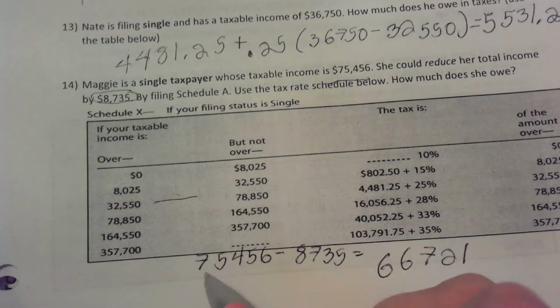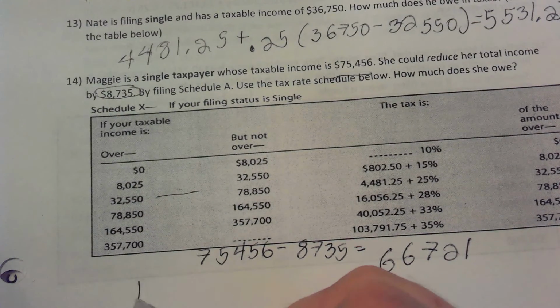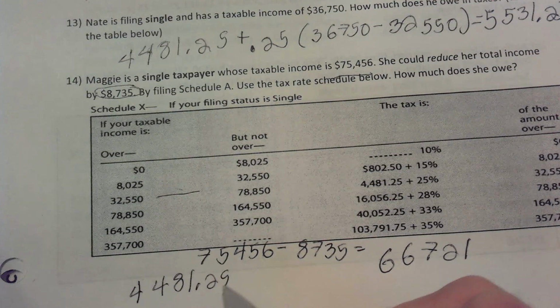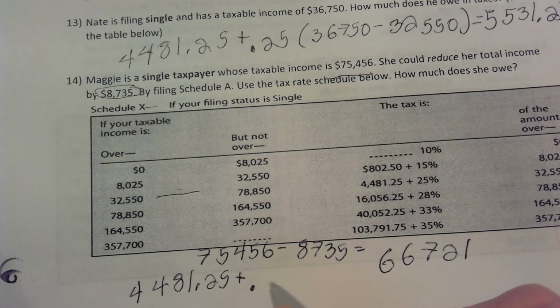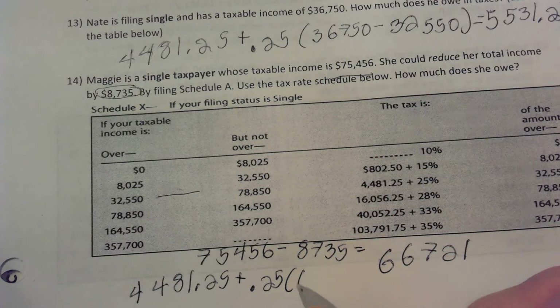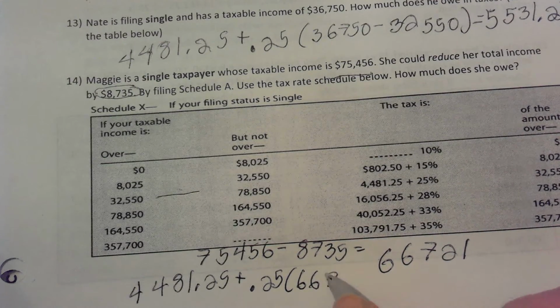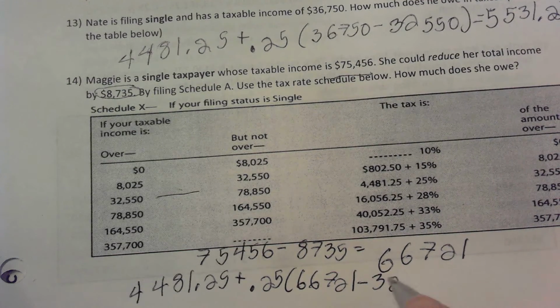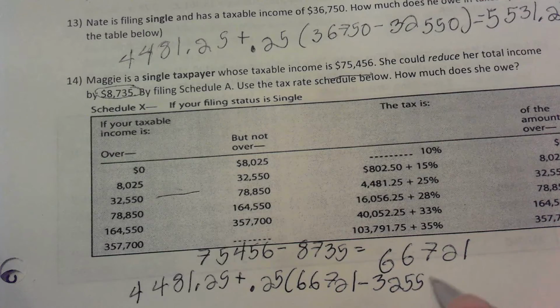So we're still going to put in the 4,481.25 plus 25%, and the 66,721 minus 32,500.